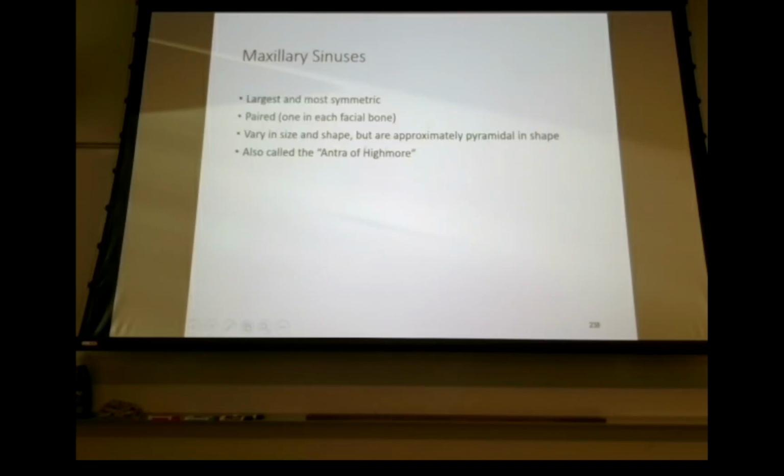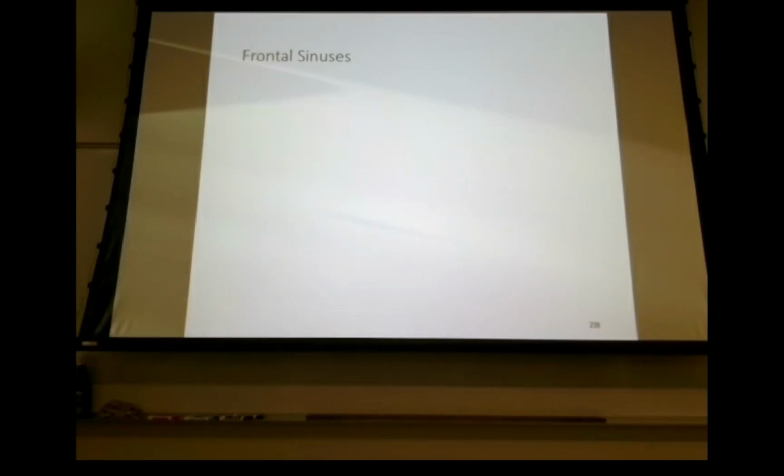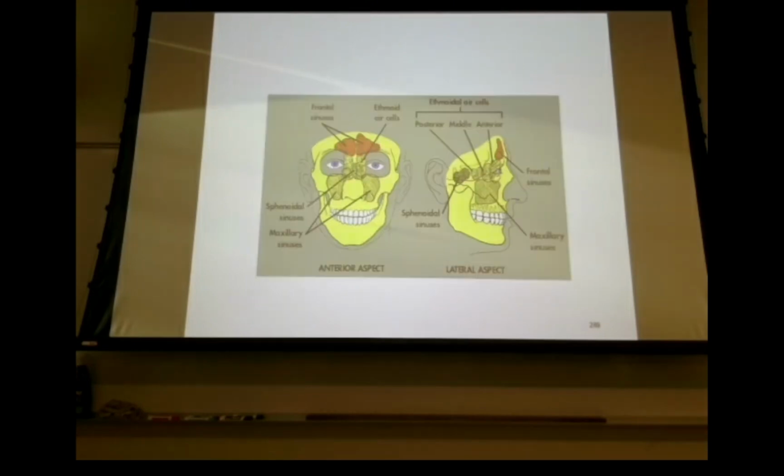Again, referred to as the antra of Highmore. They're kind of pyramidical in shape, with the point being at the bottom and the base being at the top. So, and they are the largest, frontal sinus being the second largest, and it looks kind of like a head of cauliflower, really. And they do vary greatly in size.